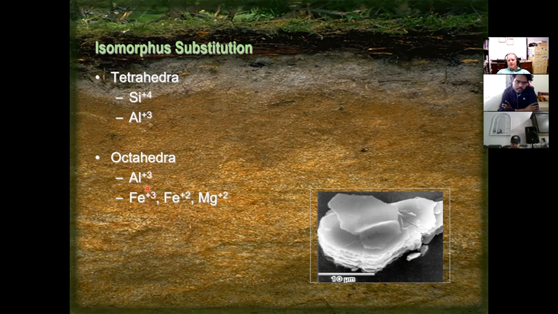In this case, when we go from a +3 to a +3, nothing changes except the element. But we could have iron in a 2+ or magnesium in a 2+ that exchanges in that +3. Again, we've got a net negative charge because of that isomorphic substitution.